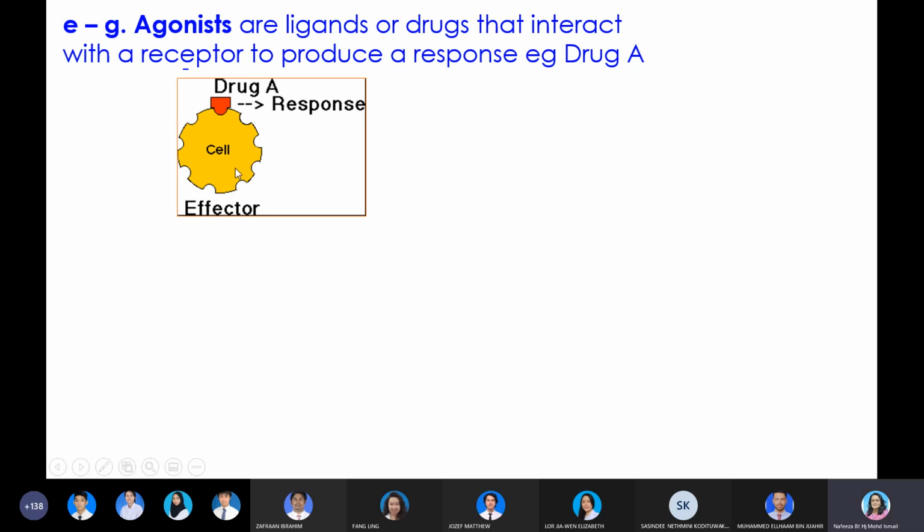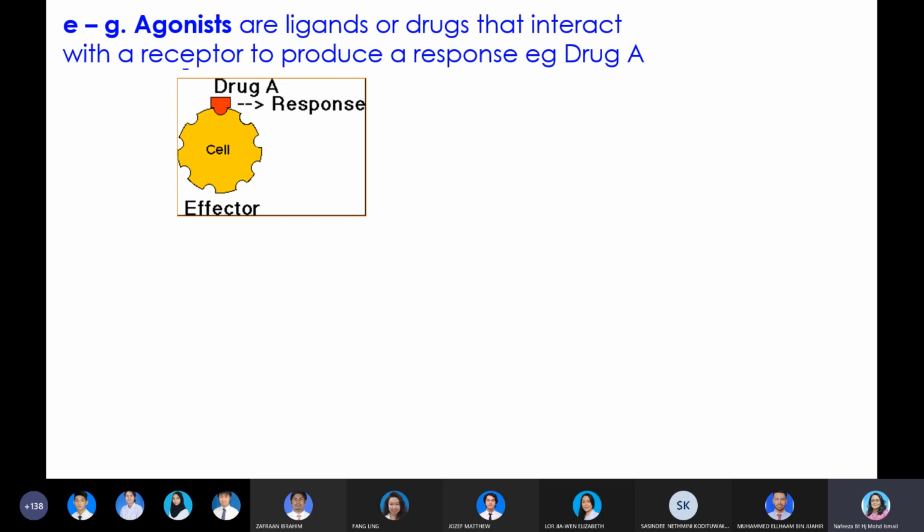Other examples, the kidneys, the vessels. So the effector organs are many organs in our body. So drug A binds to a receptor on the cell and produces a response. Why can it produce a response? Because it causes stimulation of the receptor. If it does not cause stimulation, it will not cause a response.